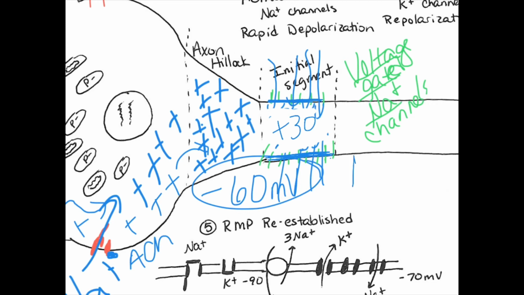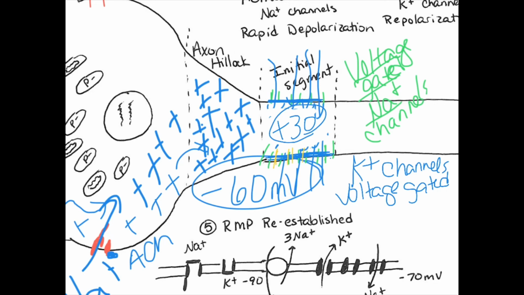At the same time, though, these voltage-gated potassium channels are sensitive to +30.